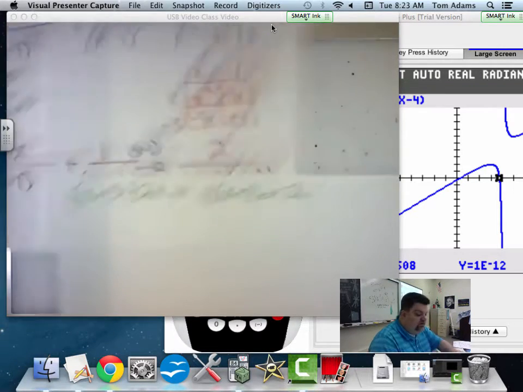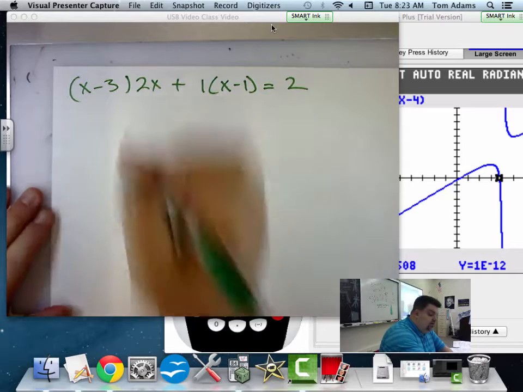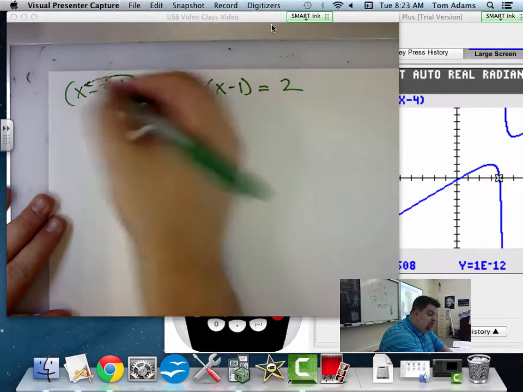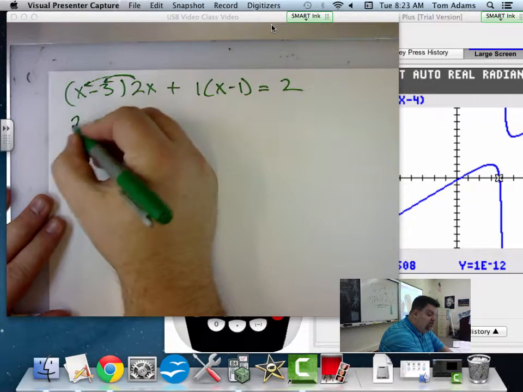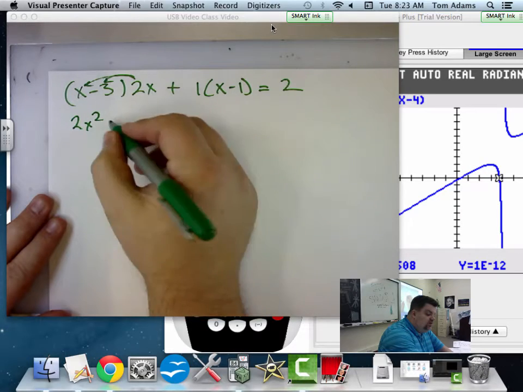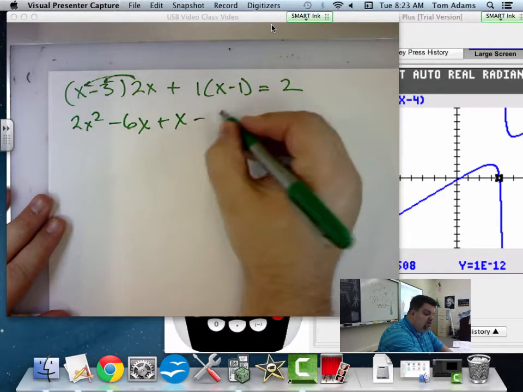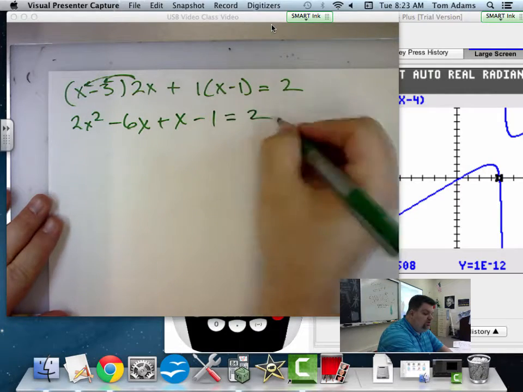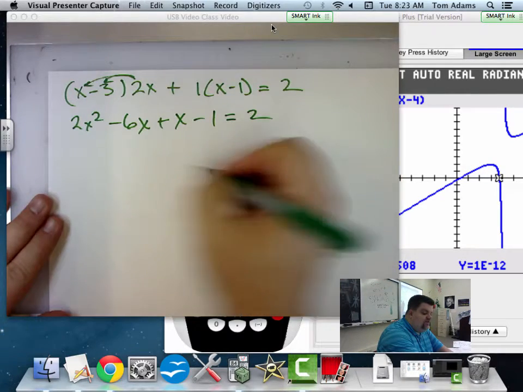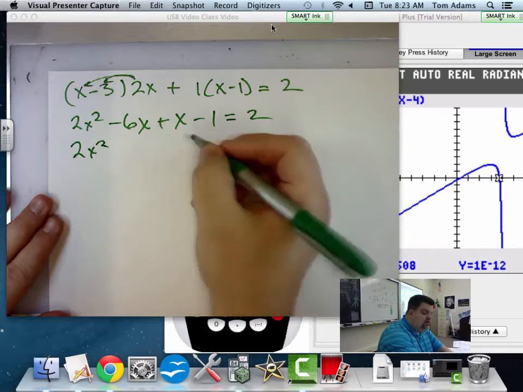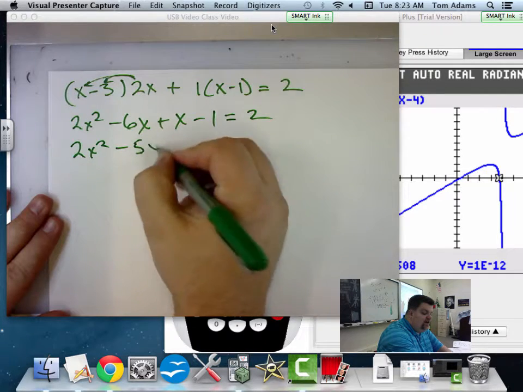So now, from here, I'm going to push this through the parentheses using my distributive property, and I get 2x squared minus 6x plus x minus 1 equals 2. I'm going to clean all this stuff up. I've got 2x squared minus 5x.